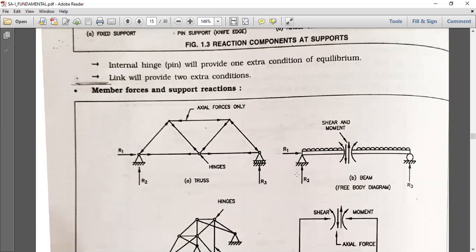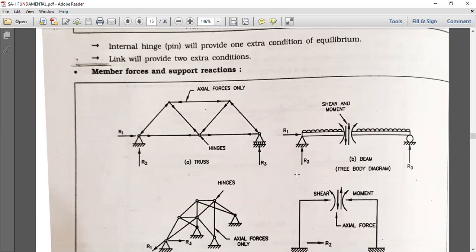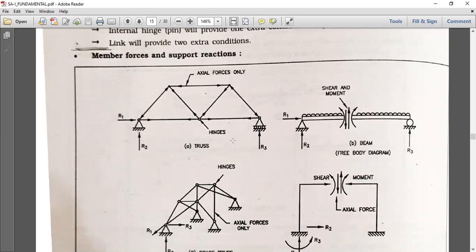Now member forces and support reactions. For truss, simply supported has two reactions, roller support only one reaction.